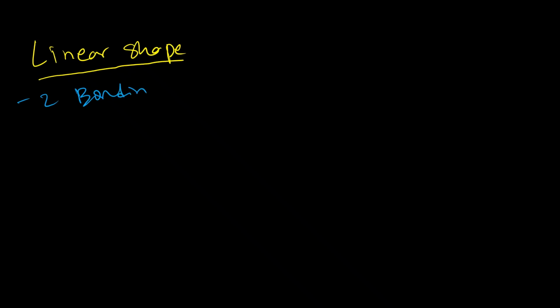All right. So let's start with the first shape, linear shape. The term linear is self-explanatory, right? Now in linear shape, there are usually two bonding pairs of electrons, and there is no lone pair of electrons.